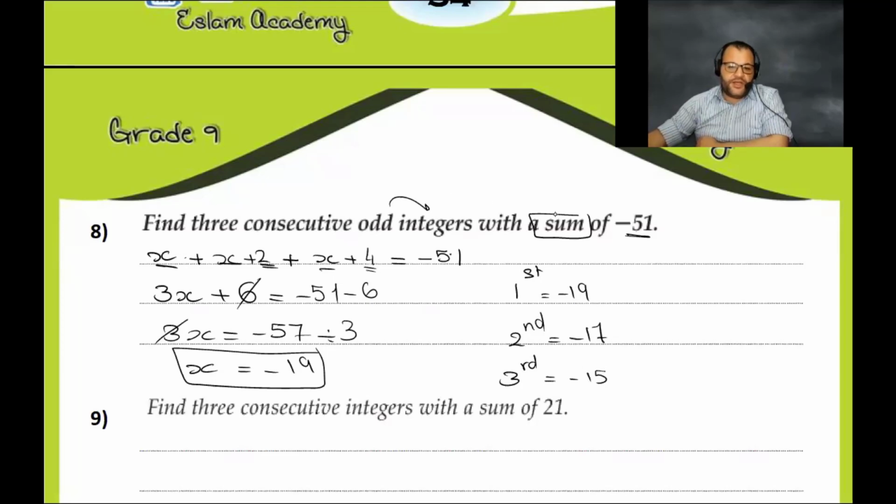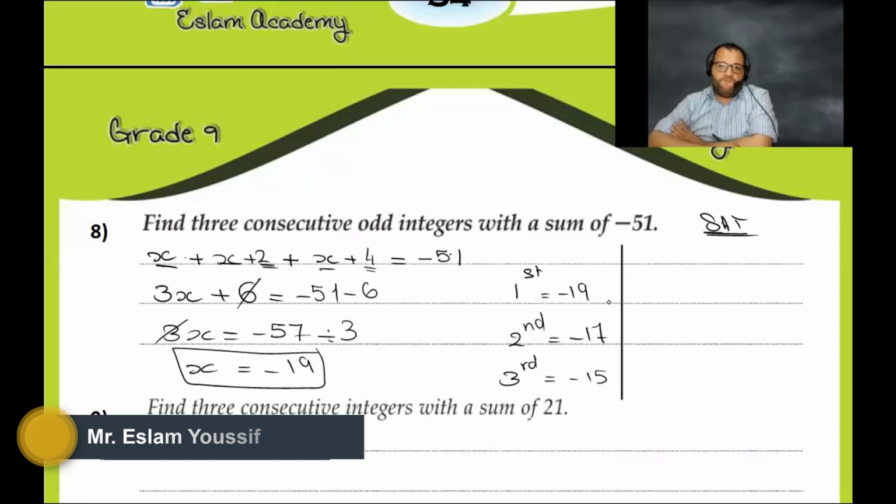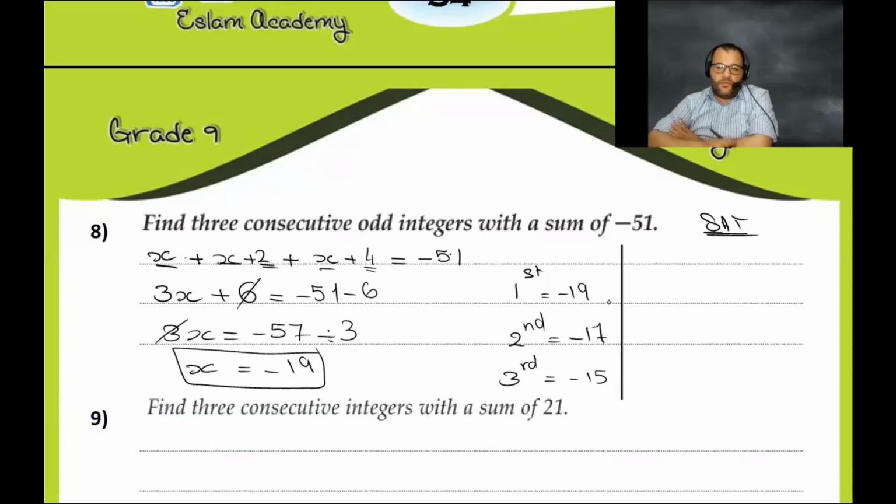Can we find an easy way for the SAT? Yes. How many numbers do we need? 3 numbers.